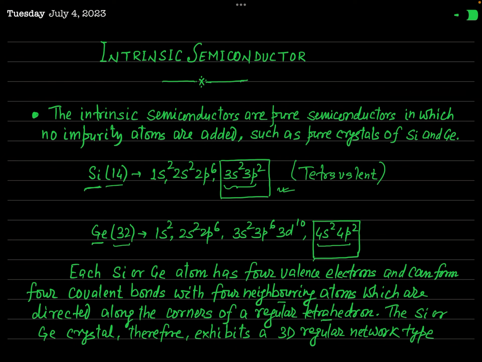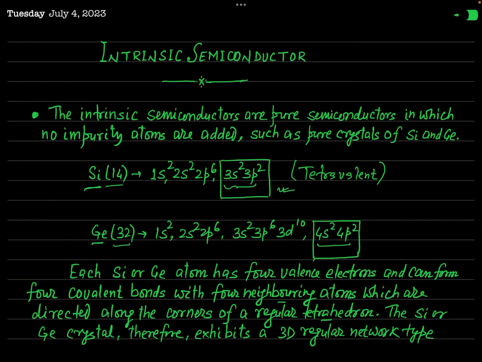So first of all, we will learn about the bonding between atoms of silicon and germanium, that is, the atoms of this pure semiconductor. You know that when there are 8 electrons around an atom, the octet rule is satisfied.